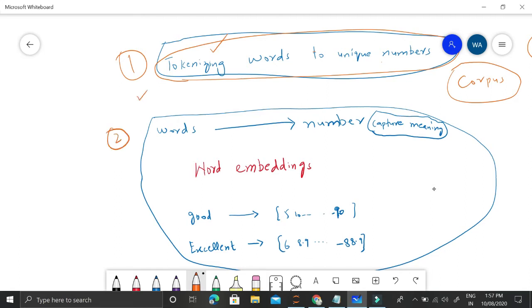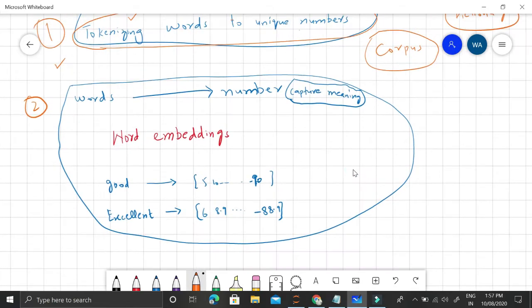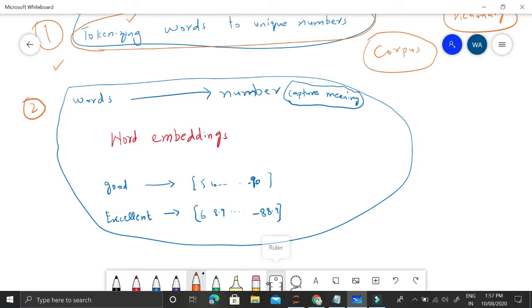Then secondly, the second most important part is that the number that we are giving to the word does not contain any meaning. So we cannot use those tokenized numbers directly. Consider we have a sentence that the poor man has no money.